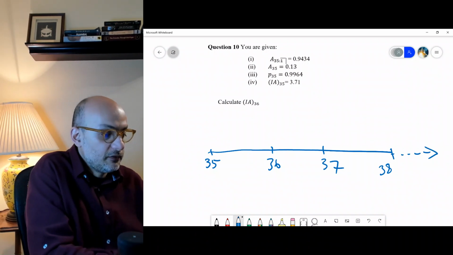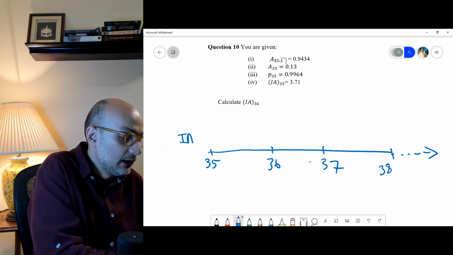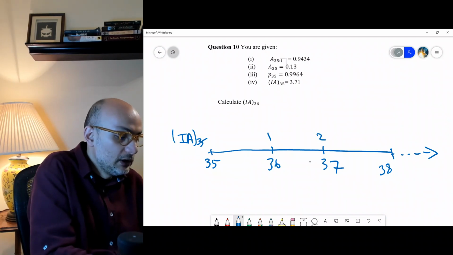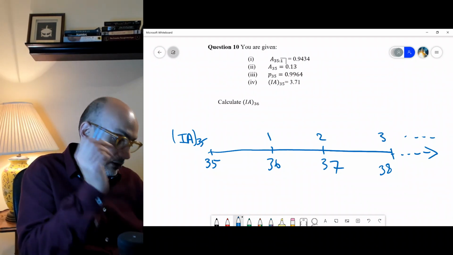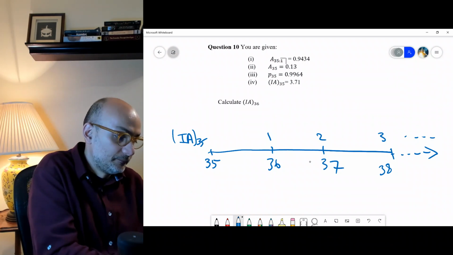Now let's look at the first one, IA35. It gives you 1 here, 2 here because it's increasing, 3 here. Now we want IA36, which is here.